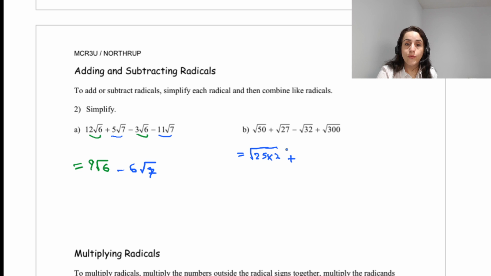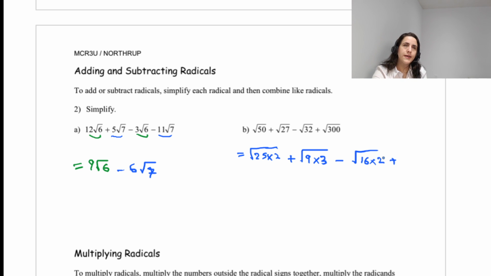Radical 27, you can write 9 times 3, minus radical 32, you can write 16 times 2. And for radical 300, I can write 100 times 3, yeah?